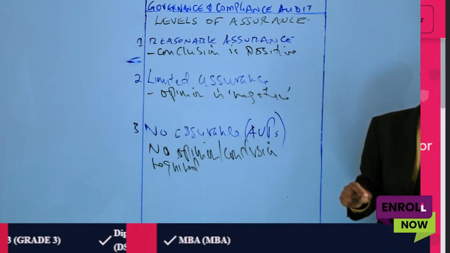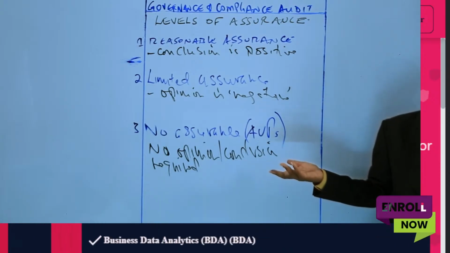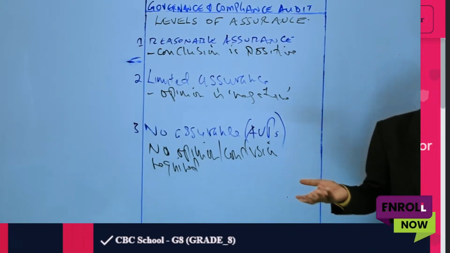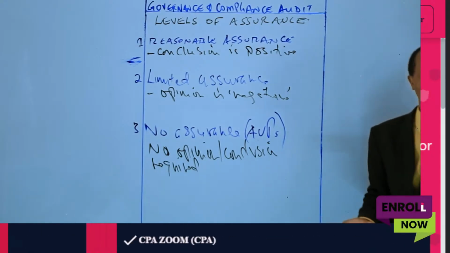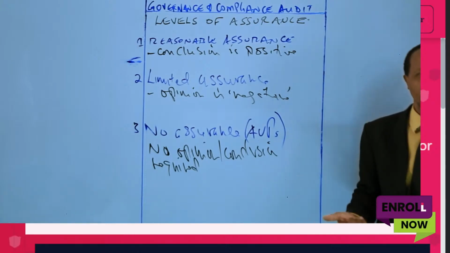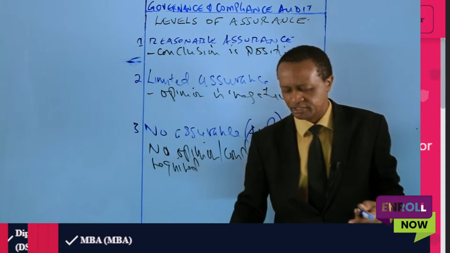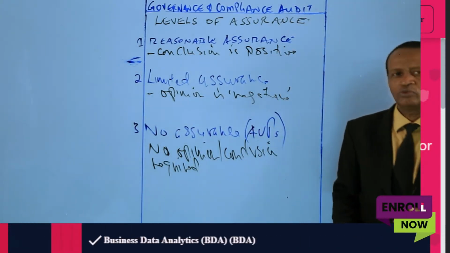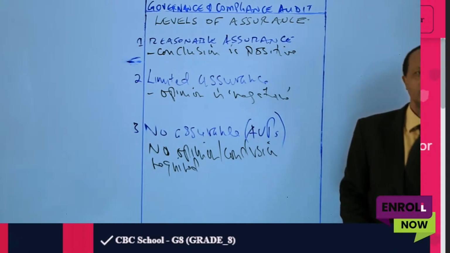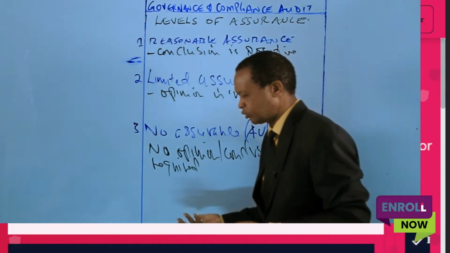Okay, and such candidates, this kind of assurance is appropriate, for example, for specific or targeted reviews where management needs a quick check on a particular area without a full audit. Maybe the management will need to have an understanding of what is going on, all right, and so on. So here, no conclusion is required.